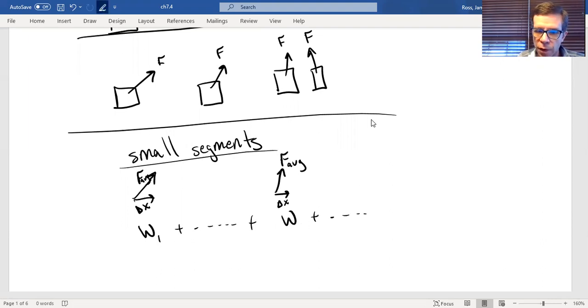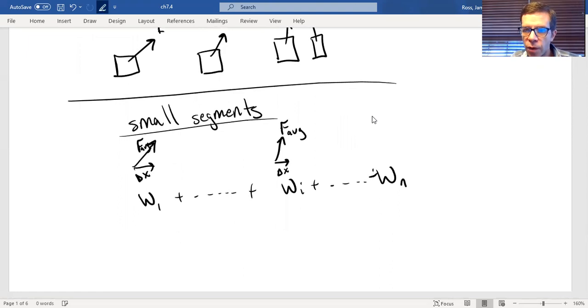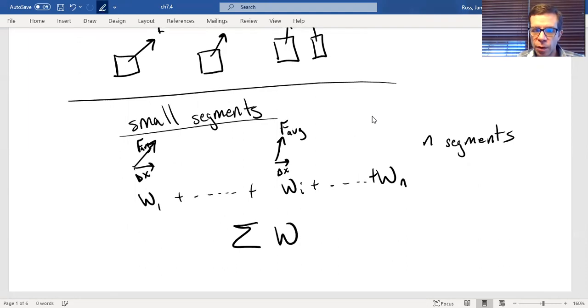Well, let's use an index here and then n for the last one. Right. The work done over this for however many segments we break it up into. In this case, we've said n segments. So we would do a sum of the work over all n segments. And we would find that by the average force on that segment times the displacement for that segment.